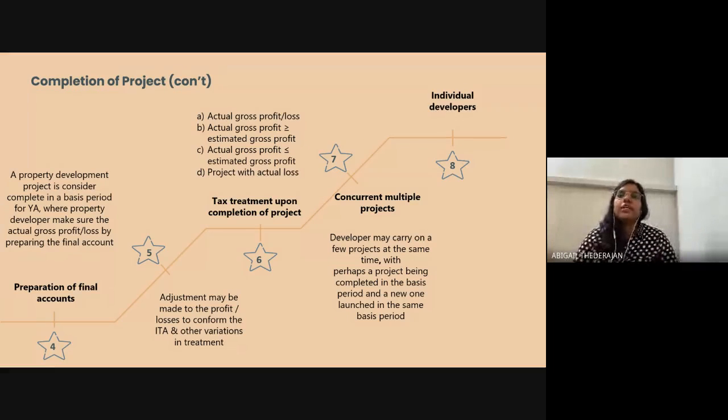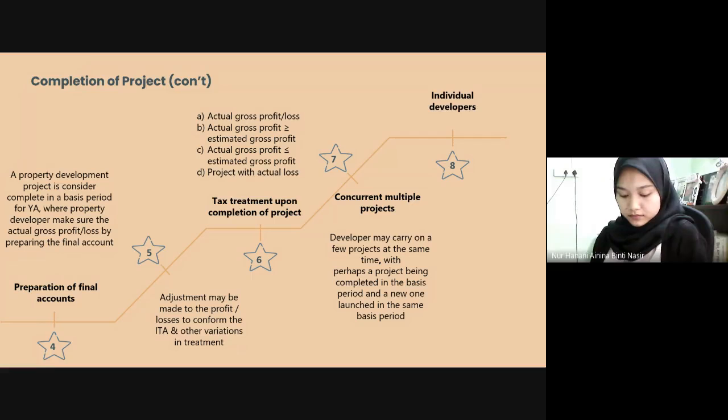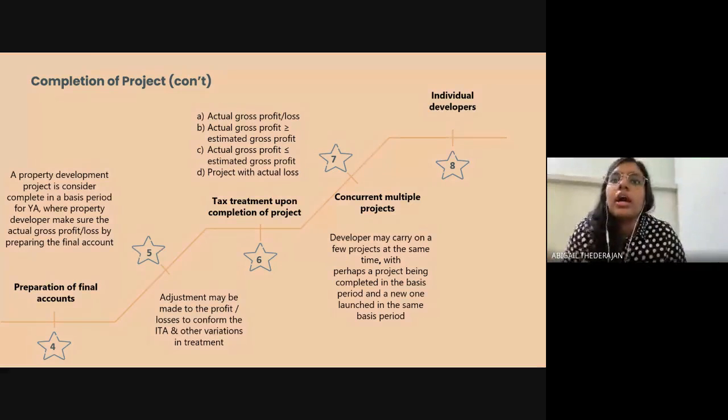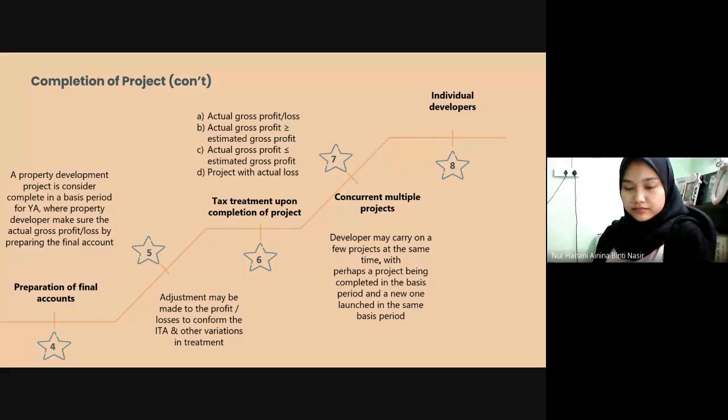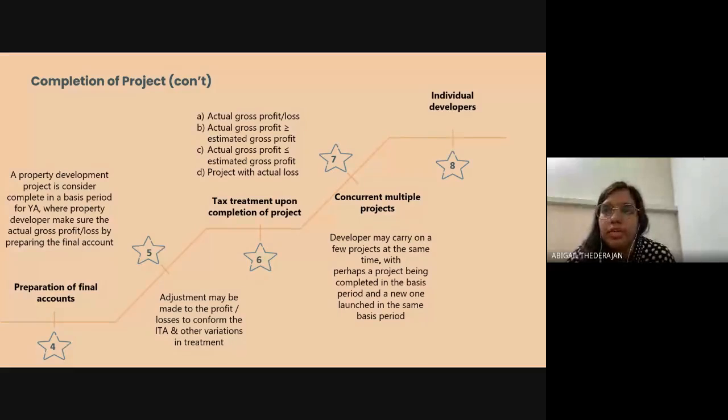For example, an individual contractor comes to develop a housing project in 2015 and he finishes it in 2017. Upon the finishing of the project, he got a profit of 1.5 million. So the estimated profit is computed as the project is completed.